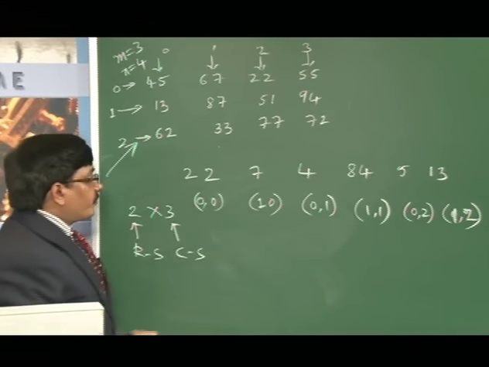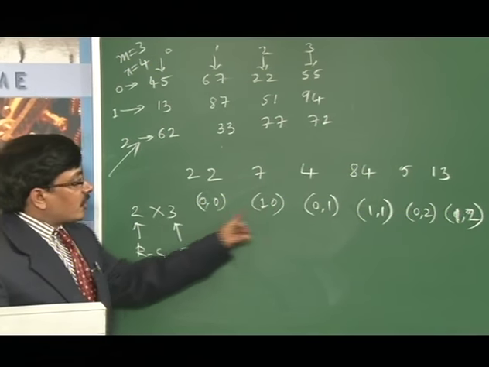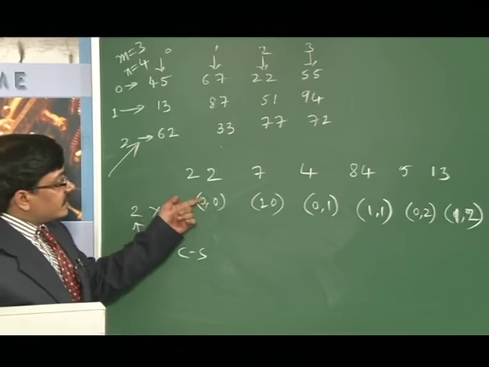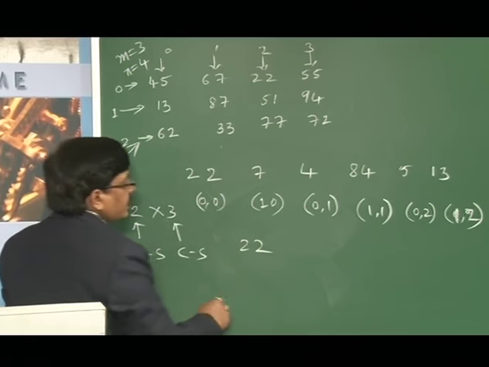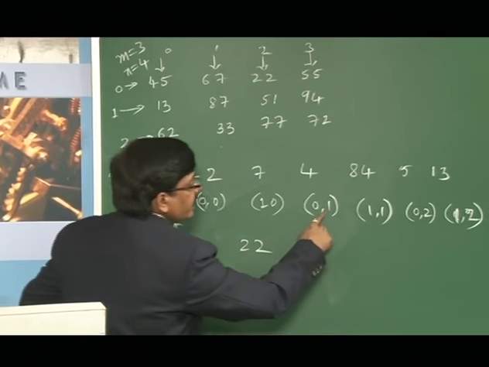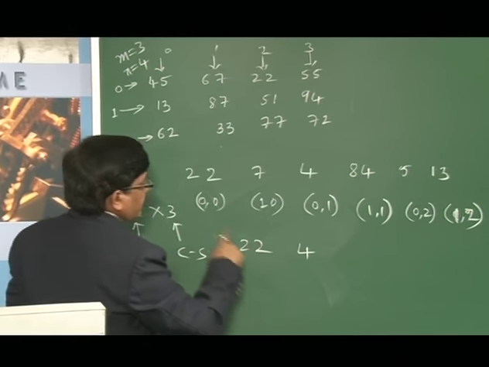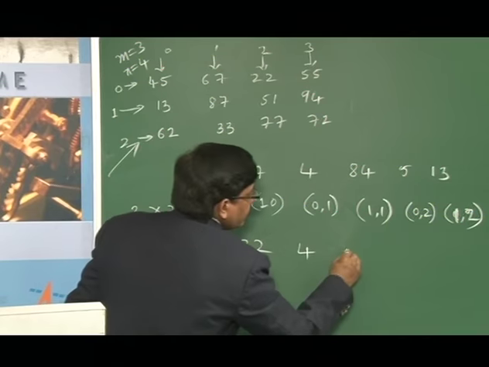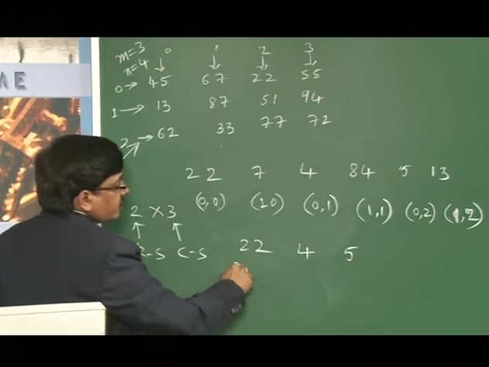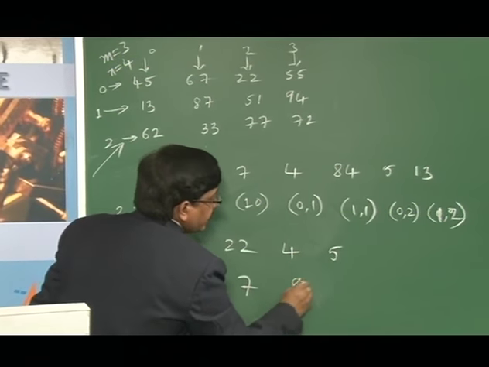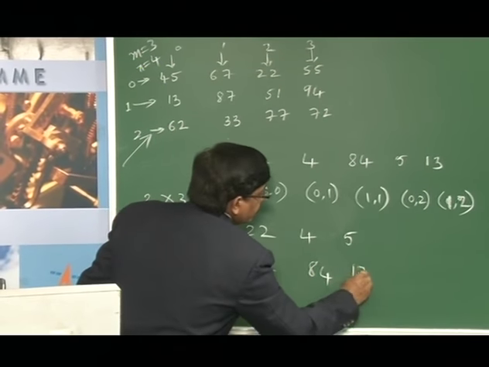Keeping the column constant, I am varying the row in each of these situations. So this is the 0th row, 0th column, then the 0th row, first column element is 4, then the 0th row, second column element is 5. The first row, 0th column element is 7, the first row, first column element is 84, and the first row, second column element is 13.